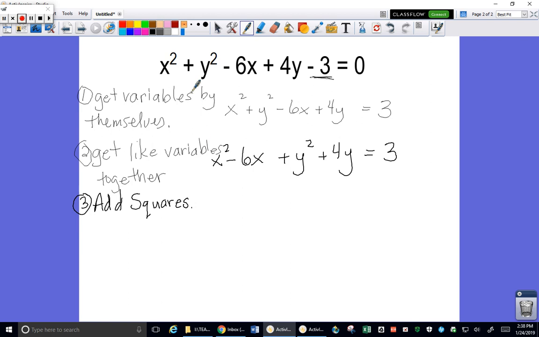So I have x squared minus 6x, and I'm going to add in a box right here after the 6x. And then I continue on with my y stuff, so plus y squared plus 4y, and it also gets a box added to it.